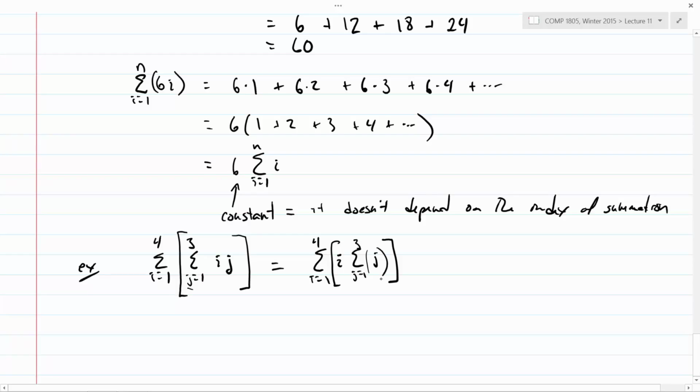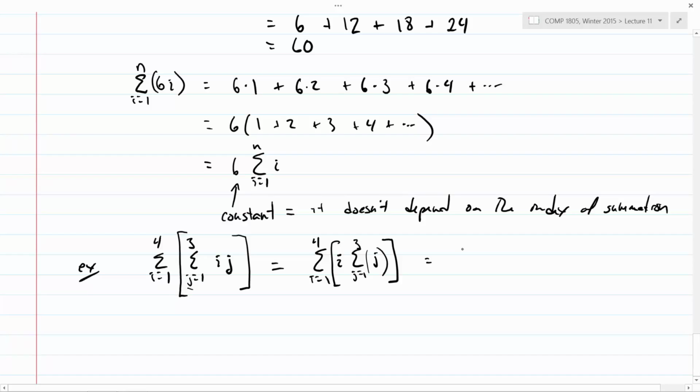So I factored out that i, and I can do that because the index of summation is j. I can't factor the i out here because the index of summation is i. It's not a constant. So whenever you want to factor something out, you ask yourself, is it the index of summation? If it is, then you're not allowed to factor it out. If it's not, then you are allowed to factor it out. So this simplifies matters a little bit.